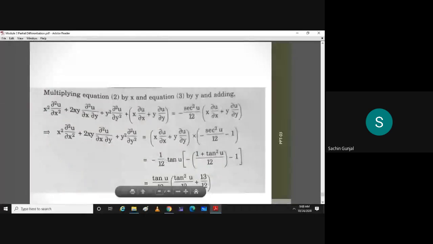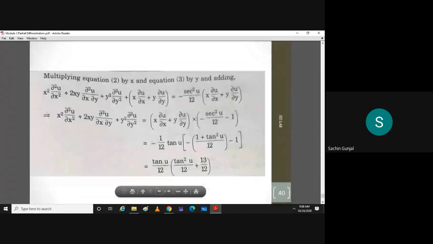Sec square u is 1 plus tan square u, so minus 1 by 12 tan u into bracket minus of 1 plus tan square u upon 12 minus 1.